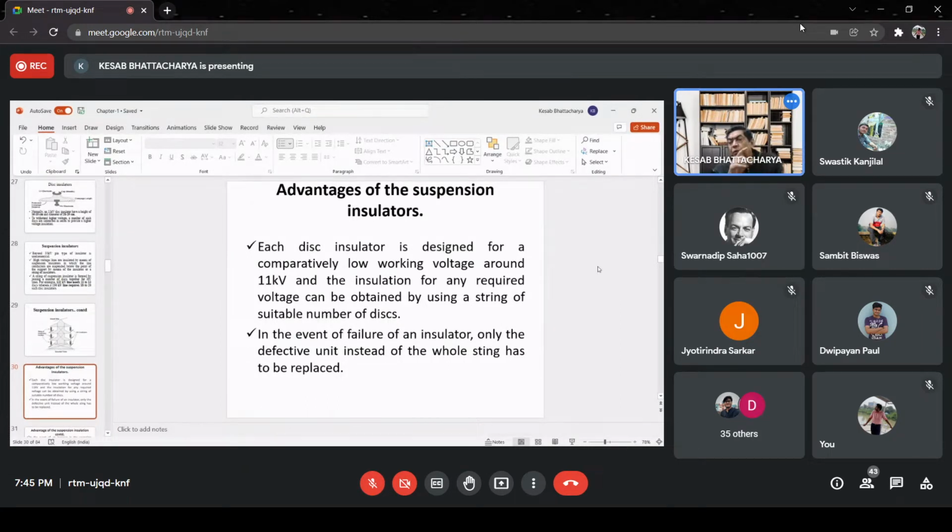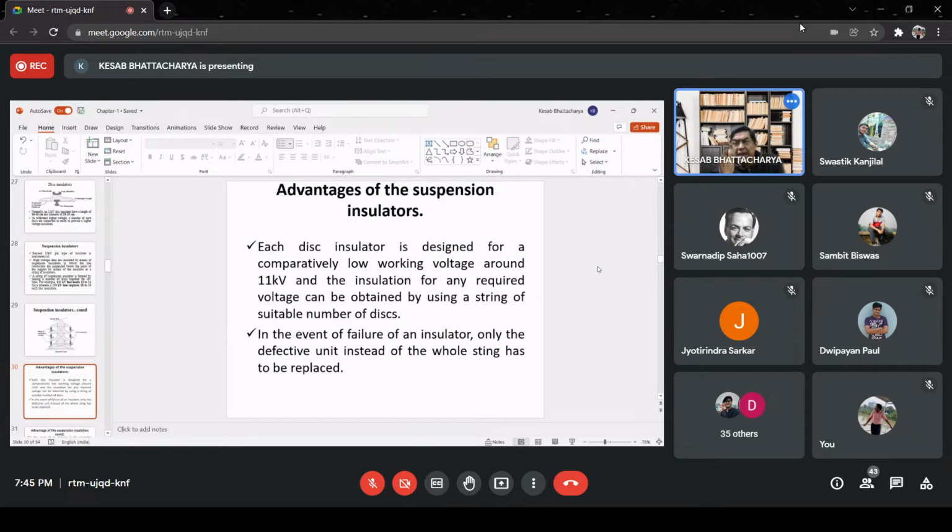Now, if we had used a single pin type insulator in place of suspension insulators, then in the event of failure, the entire pin insulator would have been replaced.